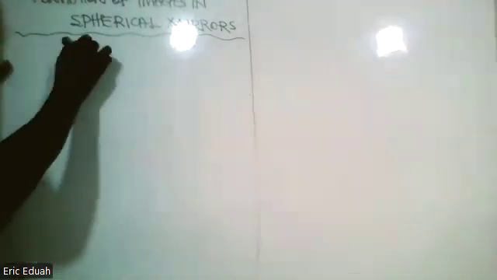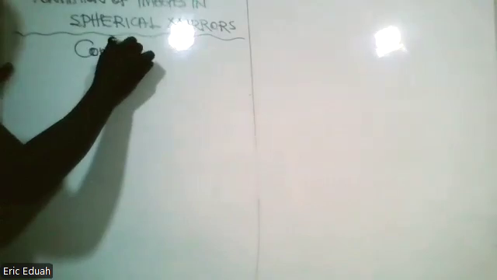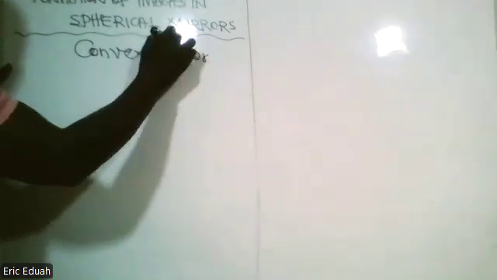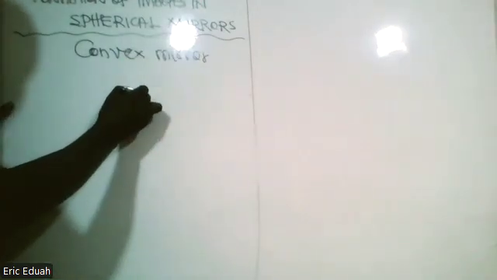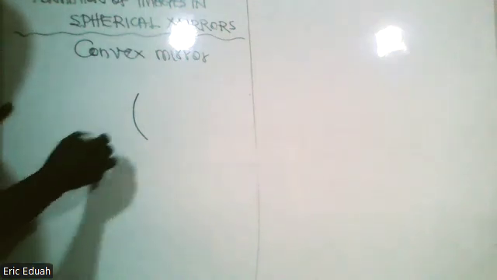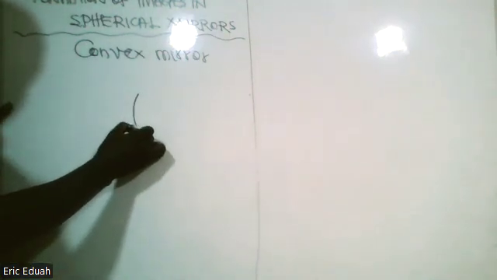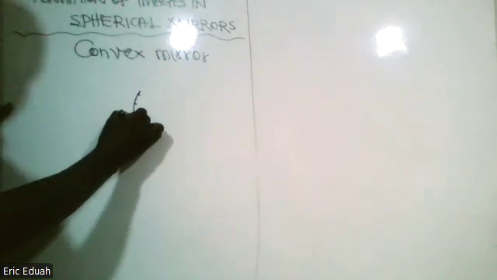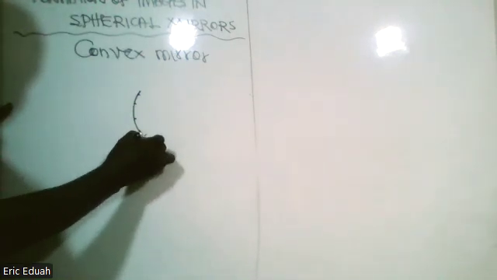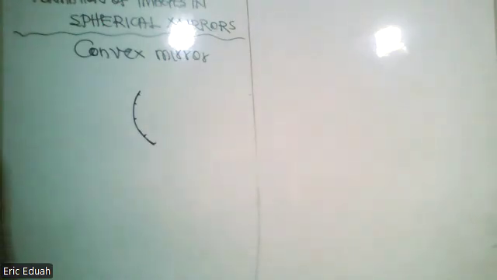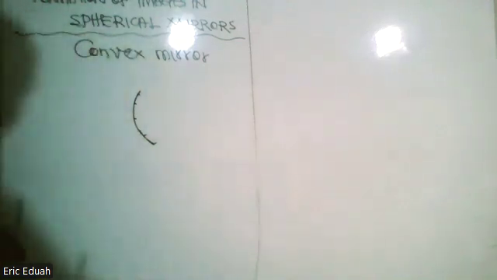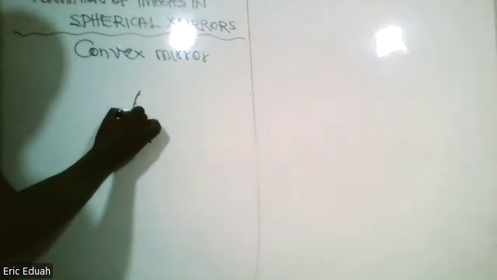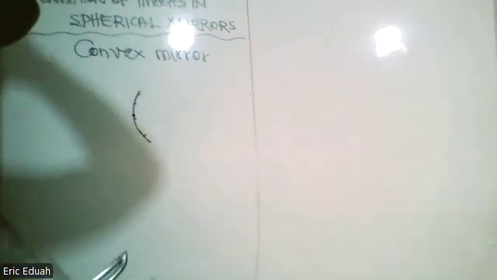So for convex, curved inwardly, small aperture. The pole is here, the middle.